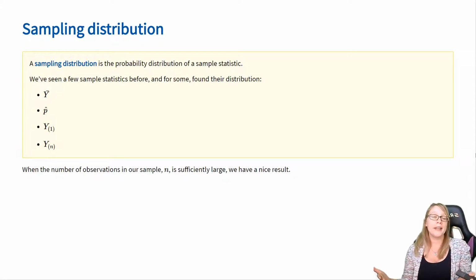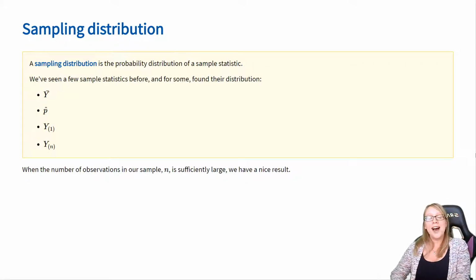The sample mean is a sample statistic, and we know how to figure out how that is distributed. The sample proportion is really just a retelling of the sample mean, so we can find its distribution as well. In the previous video, we found how to find the distribution of the sample minimum and the sample maximum. Those are both in and of themselves sample statistics as well.